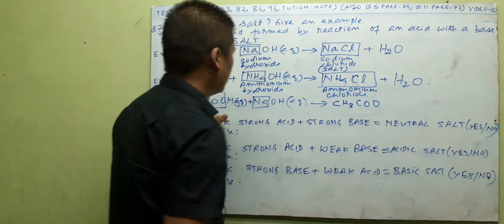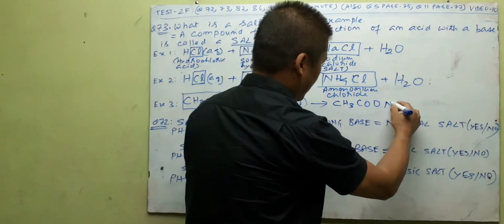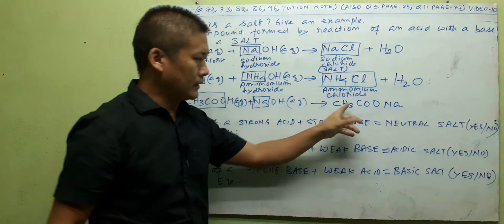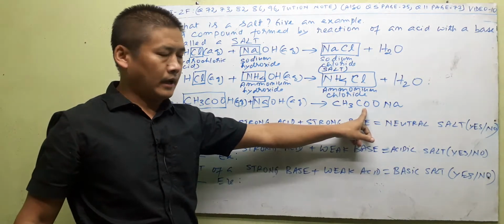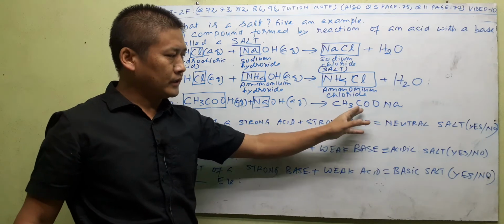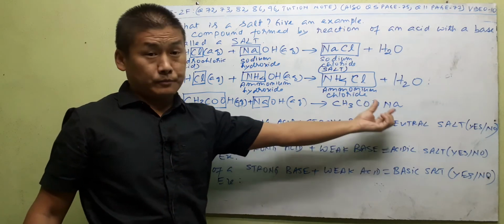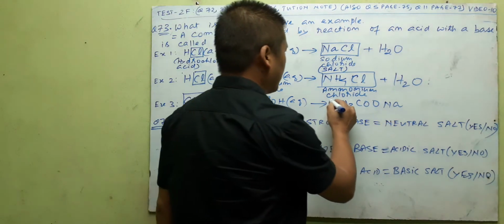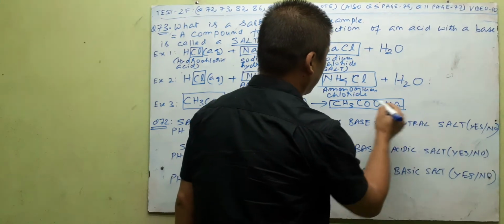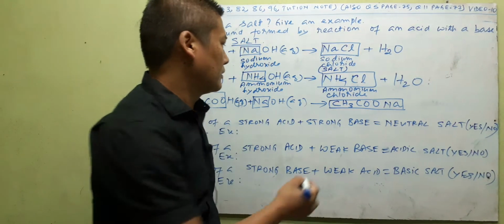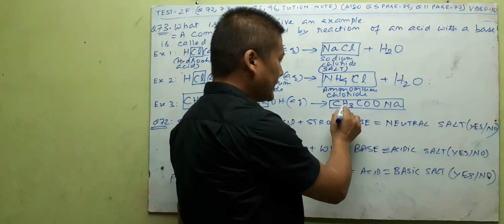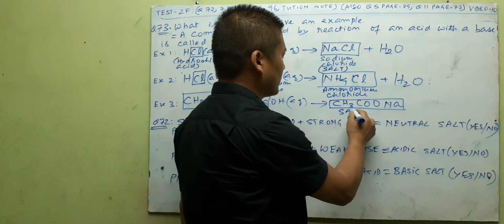CH3CO- comes first and the Na+ goes back. So for compounds containing the acetate radical or ion, usually the negative appears first and the positive appears at the back, which is not the normal way of writing, but this is an exception. So this is sodium acetate, and this is therefore the salt.